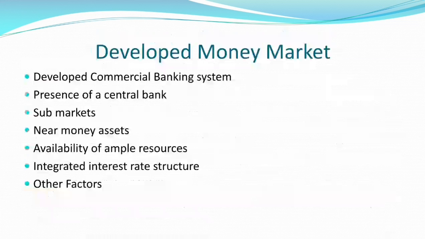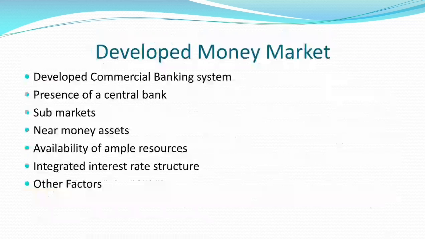Then, availability of ample resources. Availability of ample resources means whenever savers or borrowers approach the financial system for short-term money, it will have ample resources. Then there is an integrated interest rate structure. Integrated interest rate structure must be there.